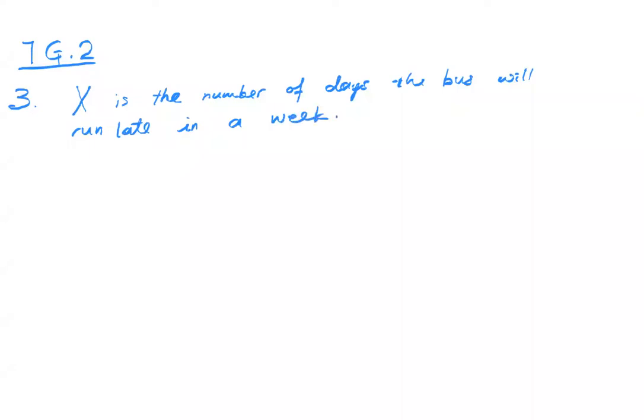See or not? So that is how you define. So now in a week, you know straight away from here, your n is 7. Am I right? So what is the probability the bus will run late?